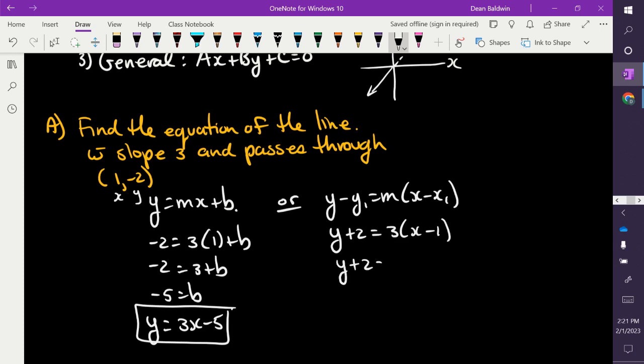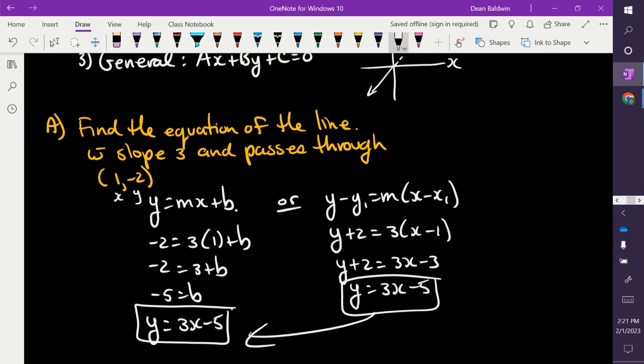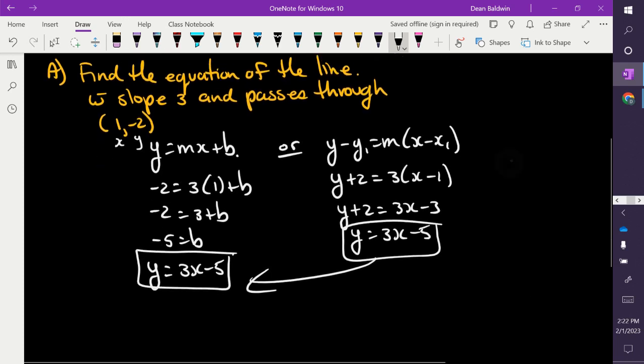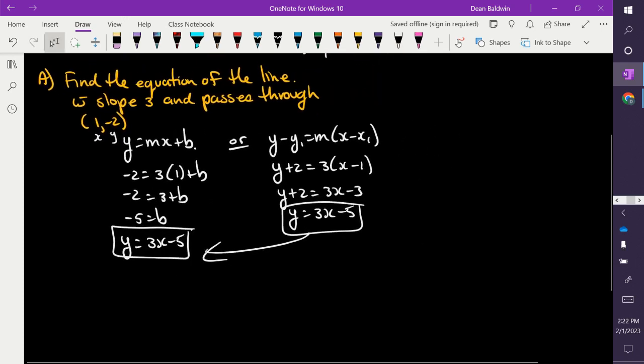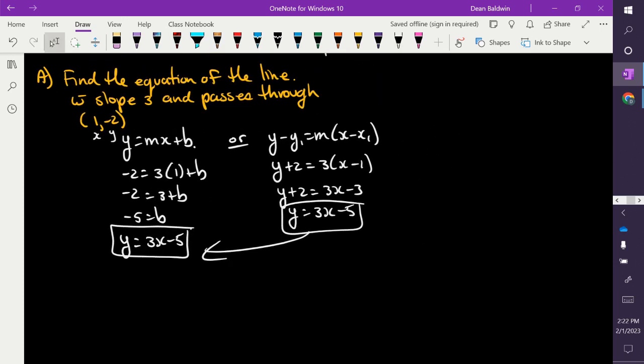And then you just move the 2 over, and you get the same thing. So it's up to you which one you want to use. I don't care, but this type of question will come up. All right. Is that okay?